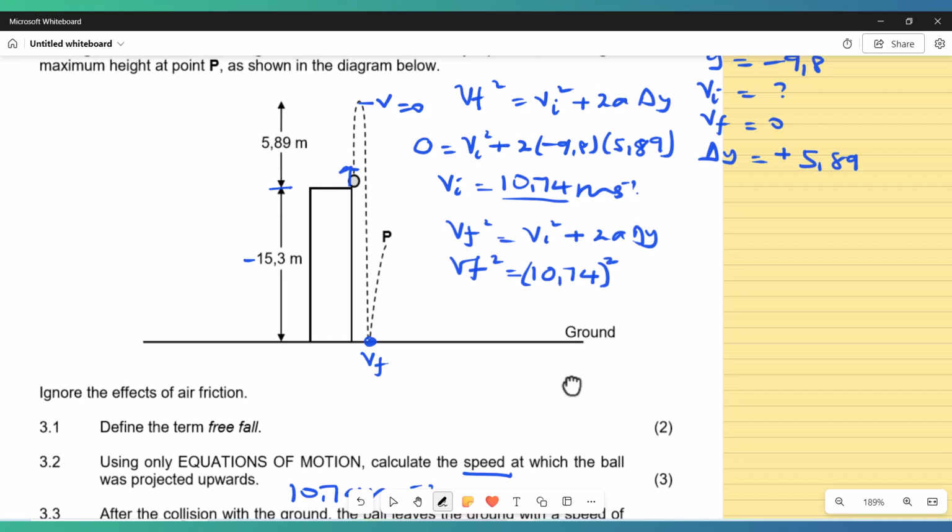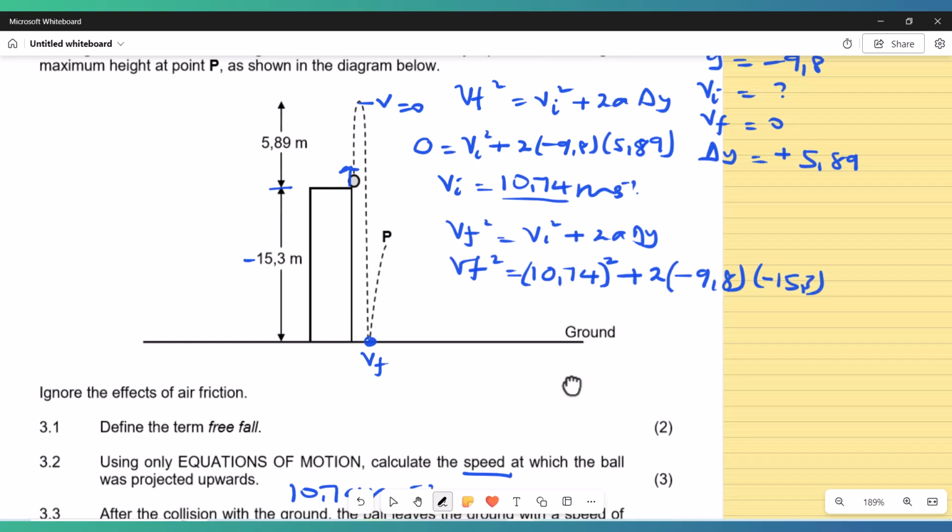And then plus 2A. Now that A is the 9.8, but because we chose up as positive, it's now negative 9.8. What about our change in Y? Because we are going down, it is now negative 15.3. Negative 15.3, okay?